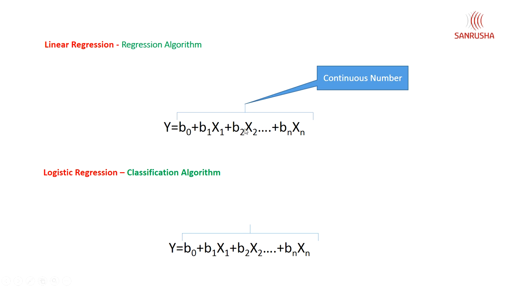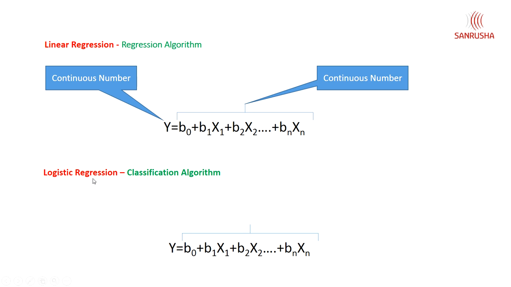The x1, x2, x3 and beyond are all continuous numbers, and the result of this whole equation along with the coefficients is a continuous number. And the outcome will also be a continuous number. You have worked on cases of predicting fuel efficiency, wherein there were independent variables, which were various features of the car, and you came up with the predicted fuel efficiency, which was a continuous number. So input continuous number, output continuous number.